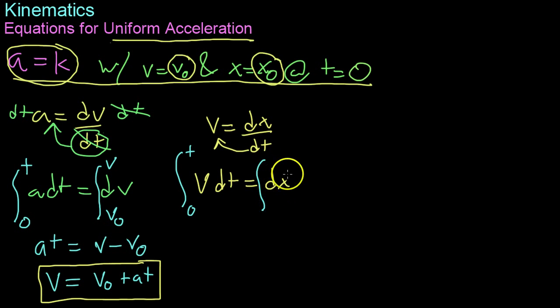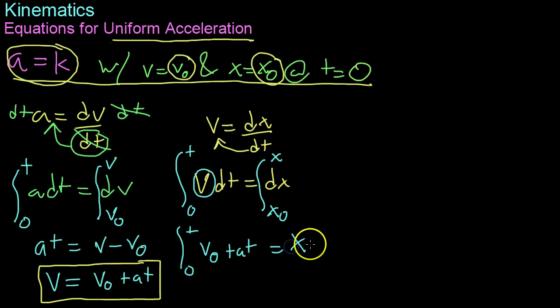And because this is an x over here, we use its initial position x0 to any point x in the future. However, we have an equation for this v, so we can substitute that in and get the integral from 0 to t of v0 plus at dt equals, and then we'll just solve that one already, x minus x0.